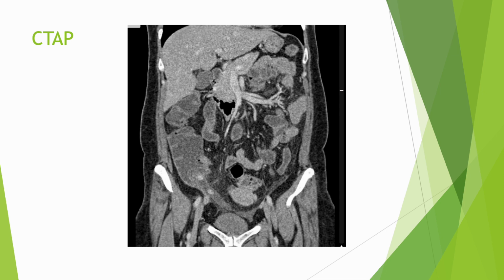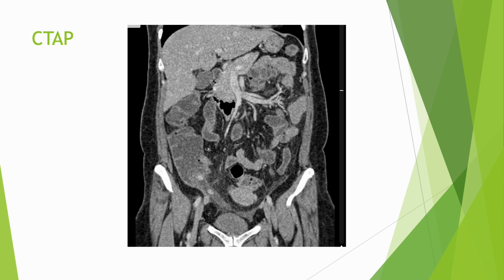So as an F1, you won't be expected to be able to make this diagnosis just from the CT images. You would just wait for the report, but just some fluency and familiarity with the images can help. Some common signs that are seen on CT for appendicitis is an increase in appendiceal diameter.